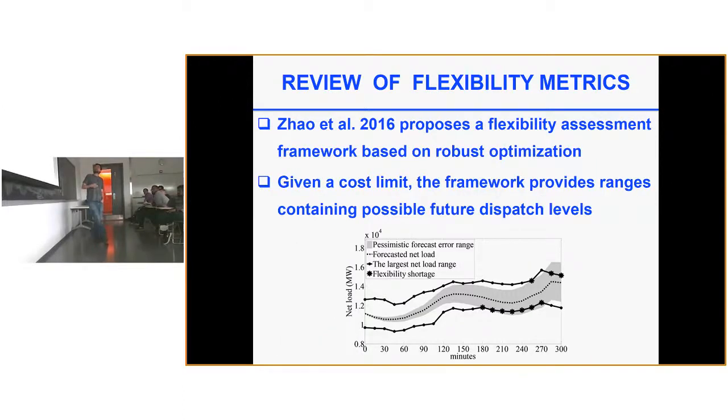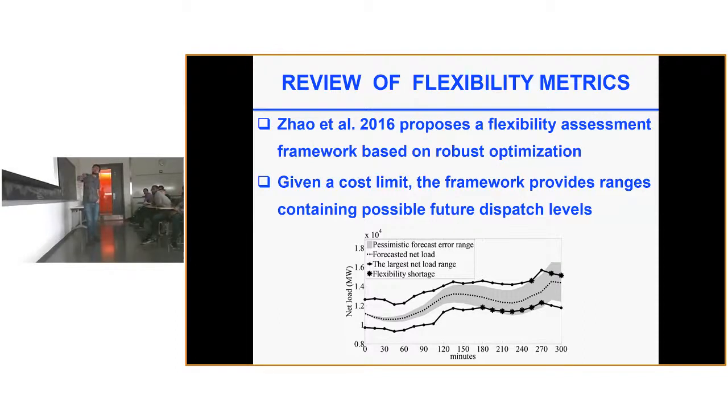And so in 2016, Zhao and Litvinov, they proposed a framework based on robust optimization. So they have a forecast for the load a few hours ahead, and they say, well, given a cost limit, what is the load range that I can meet?